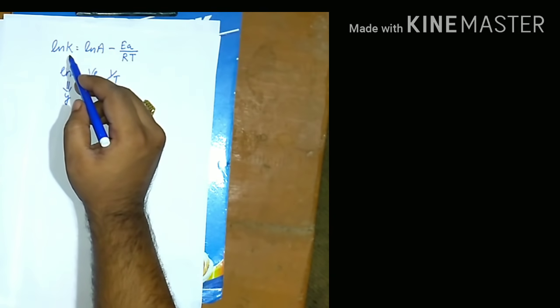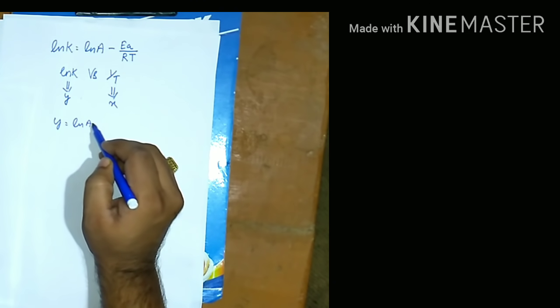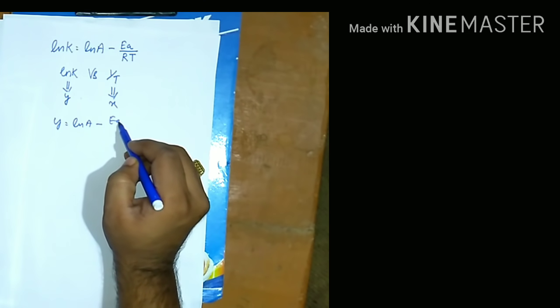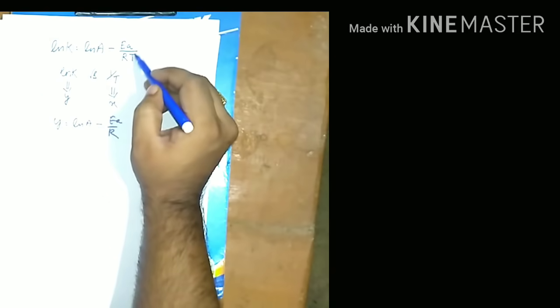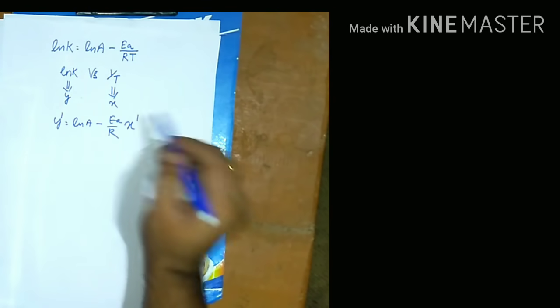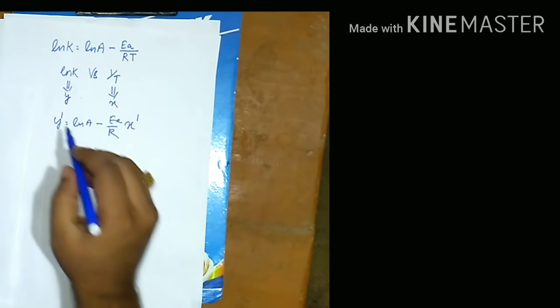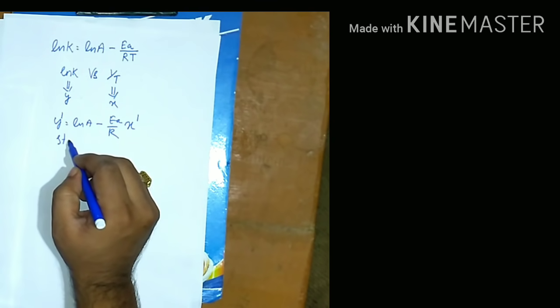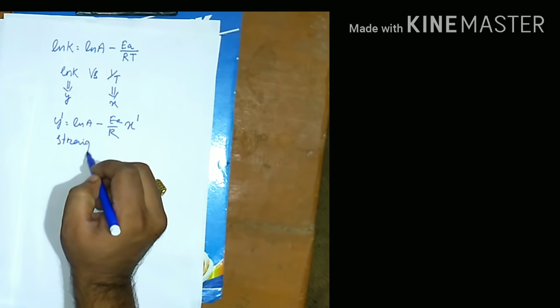So the equation becomes y equals ln A minus EA by R times 1 by T, where 1 by T is x. Now very simple, power is 1 and 1 on both sides of the equal to, so it is called a straight line. So your answer is now ready.